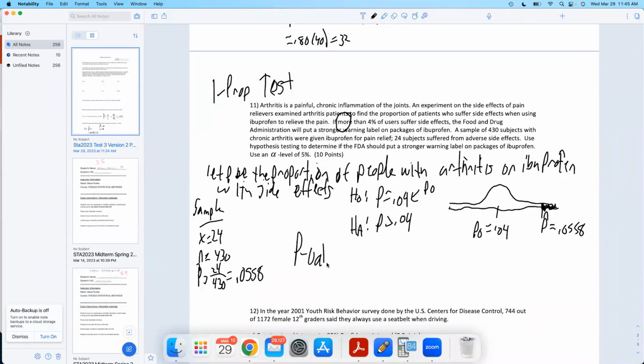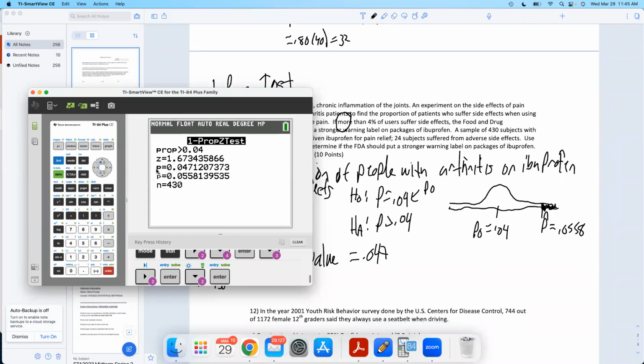I wish the calculator made it more obvious that this is a capital P. Those look too similar to me. By the way, there's our p hat again that we found at the beginning. This is the one. I don't care about the z-score. This is the one I want. My p-value, my probability. That's a probability. It can't be bigger than 1. And it'll never be bigger than a half even.